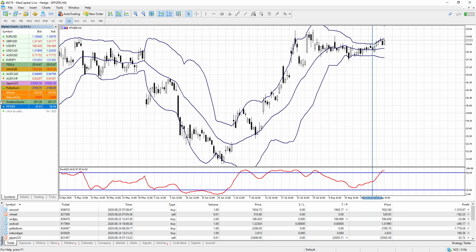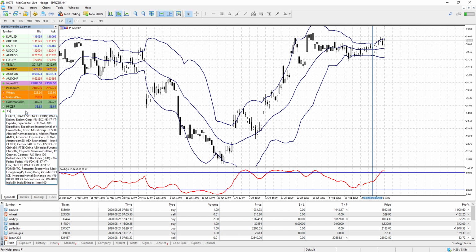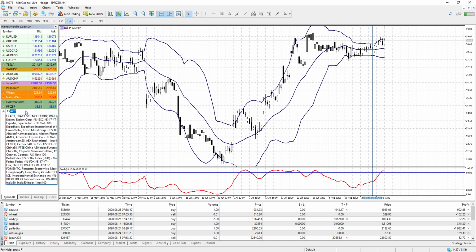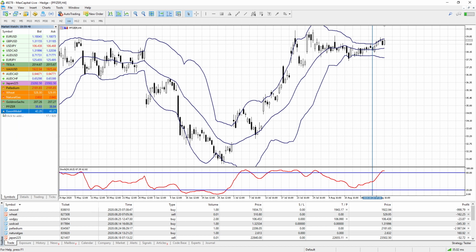Exxon Mobil is the next company which is also going to be removed, and instead of Exxon Mobil we're going to have the company Salesforce.